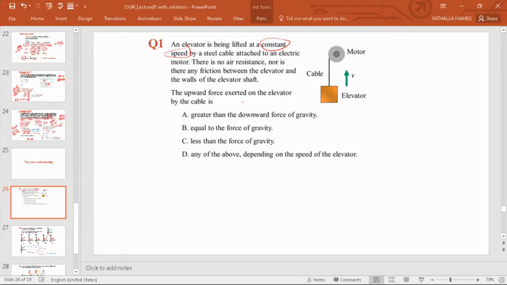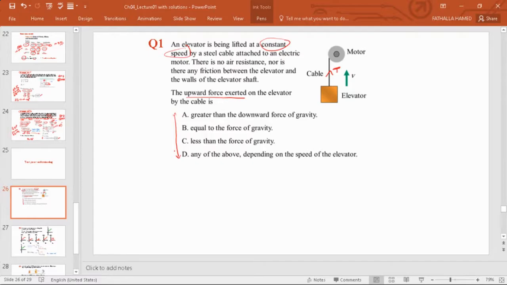The upward force exerted by the elevator in the cable is... So they were looking at this upward force, and you can basically talk about this as being the tension here. And they give you these options here. So you can tell me what is the right answer here, as I'll try to discuss. You can look at this and give your answer.